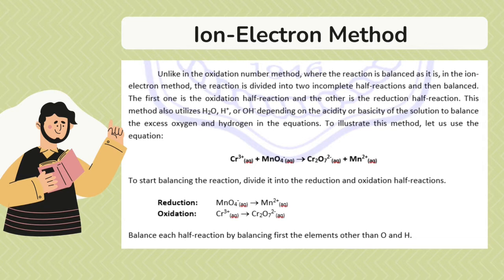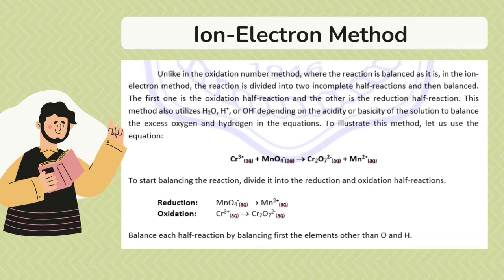So always remember that reduction is gain, and in oxidation, Cr3+ has the oxidation number equal to positive 3, while Cr2O7 2- has an oxidation number that is positive 6. So always remember that in oxidation, we are losing electrons. Again, reduction is gain and oxidation is loss. So that is OIL RIG.